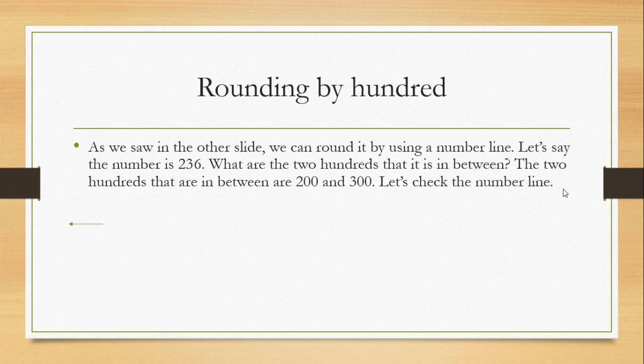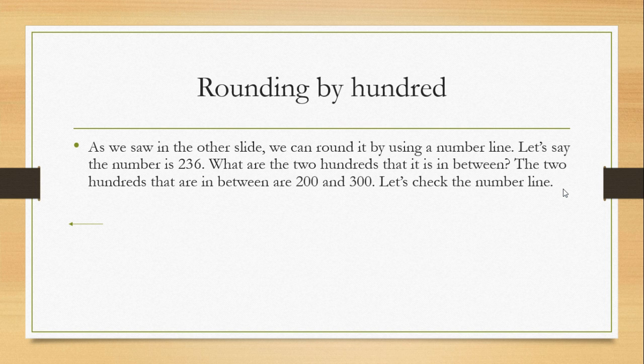Rounding by hundred. As we saw in the other slide, we can round it by using a number line. Let's say the number is 236. What are the 200s that are in between? The 200s that are in between are 200 and 300.